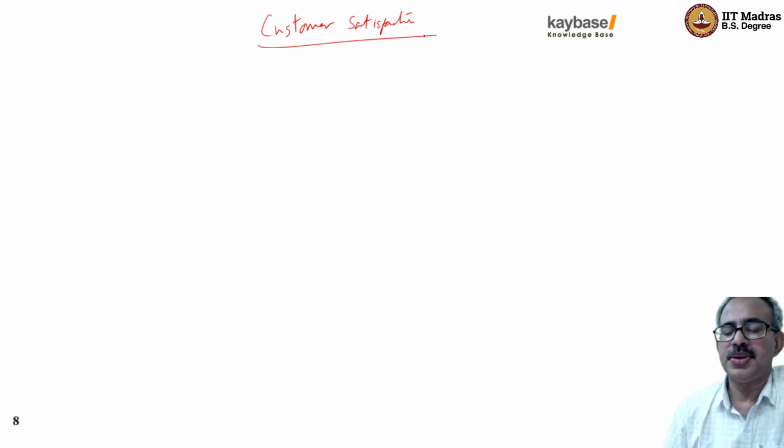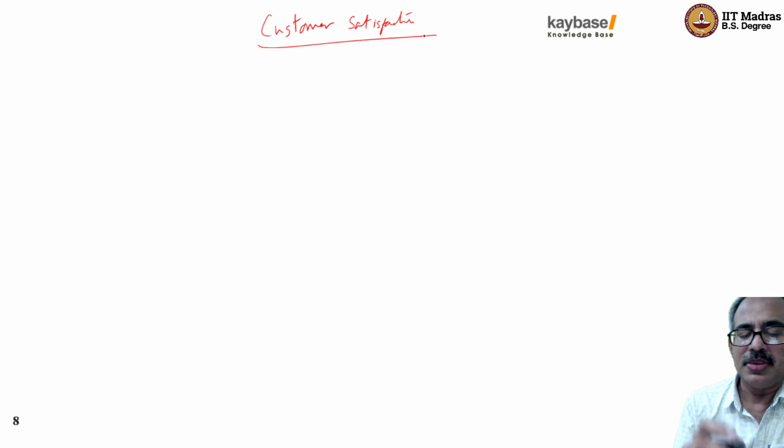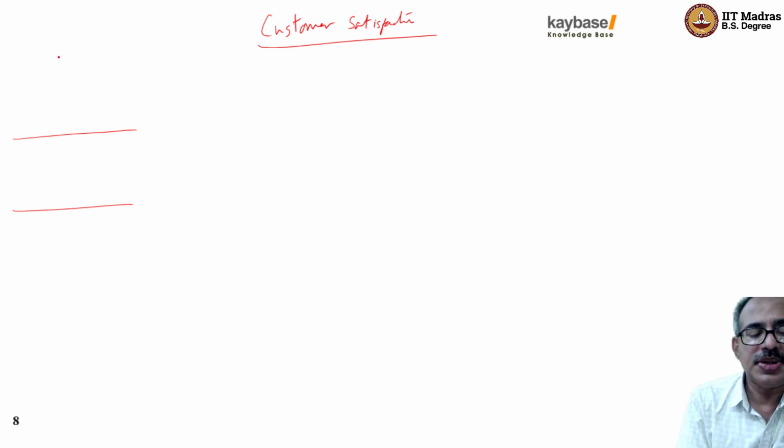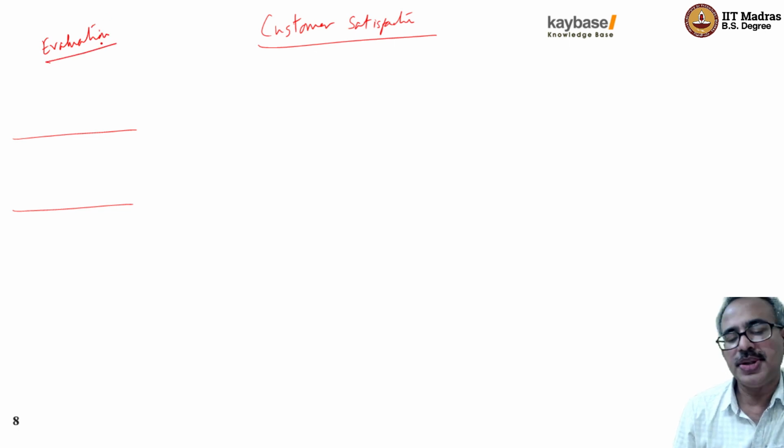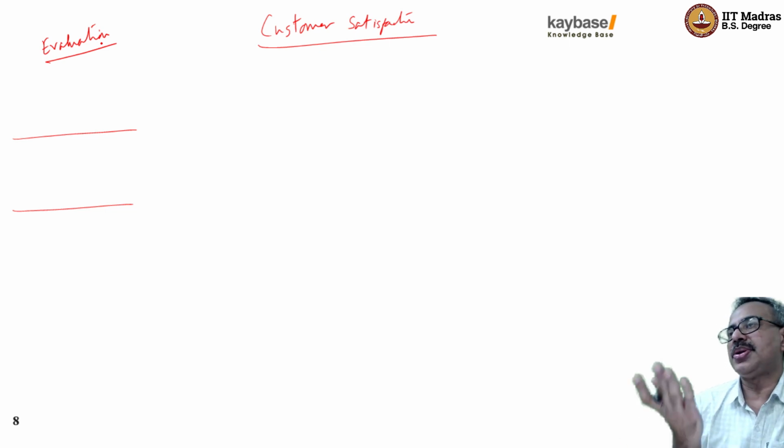In customer satisfaction studies, normally, most research people and most marketing people will divide the questionnaire into 3 parts. The first part is evaluation. Evaluation is actually finding out what the situation is today.